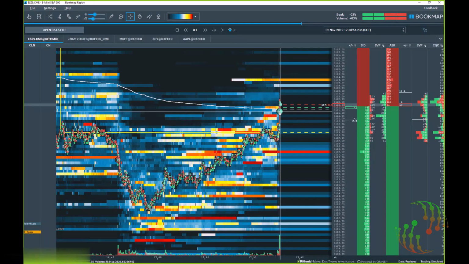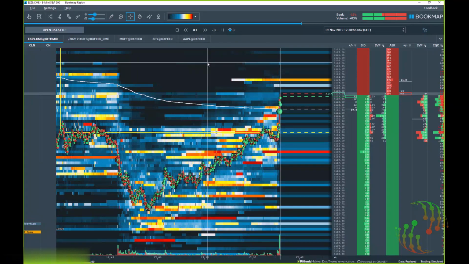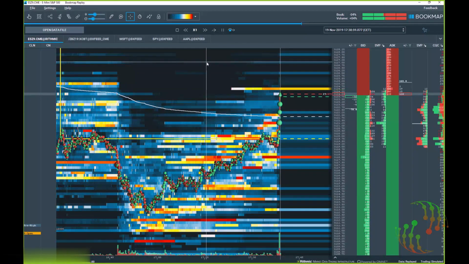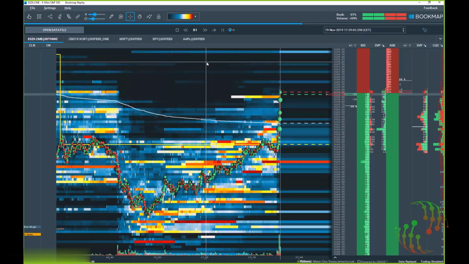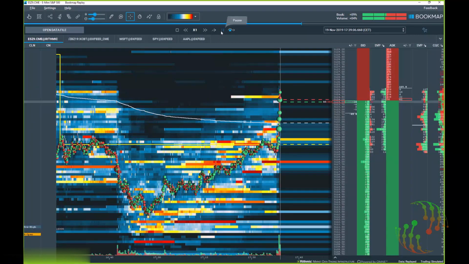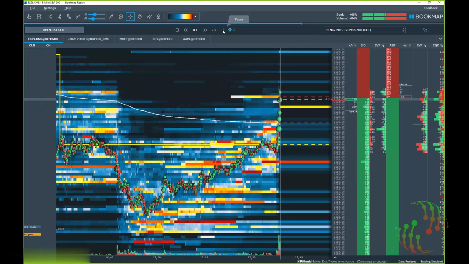This is this big dot here. First of all, we will come back to them when we are talking about strategies. The space around this sweep is darker than the space on the left side.